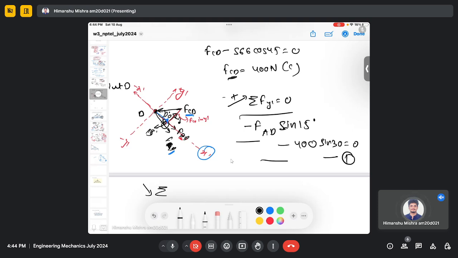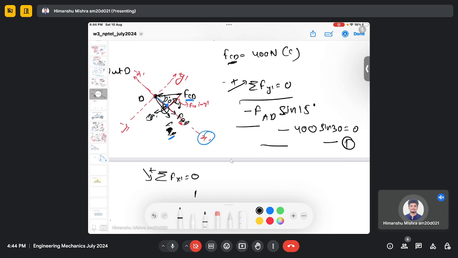So summation of Fx dash equal to 0. FBD is already in that direction, so I can directly write FBD plus FAD cos 15 minus 400 cos 30 equal to 0.